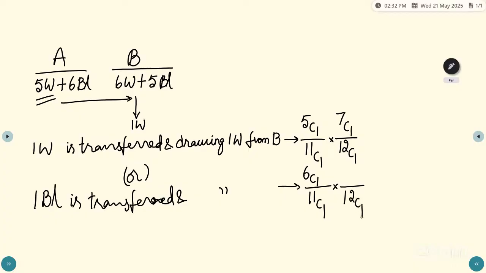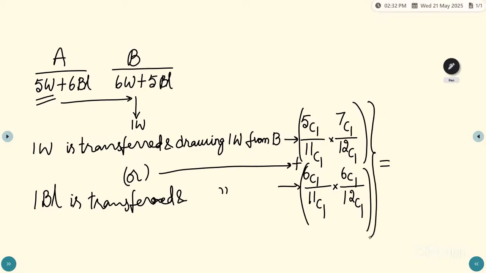How many whites in B? 6 whites. Out of 6, choose one. We have given either one white transferred or one black transferred. Or means plus. So you need to write the answer as plus this.